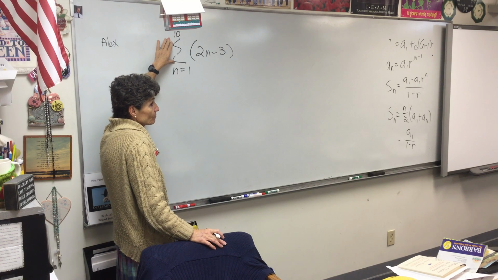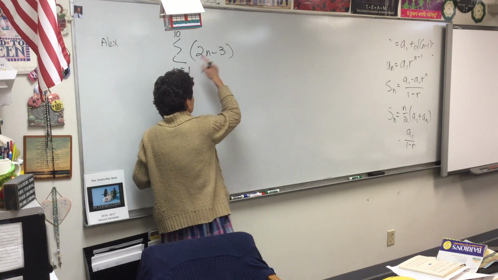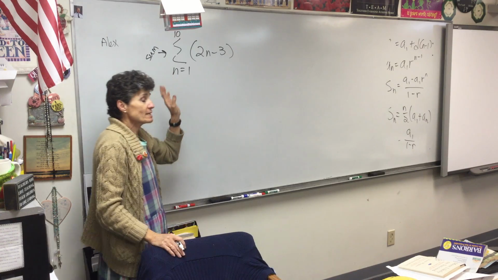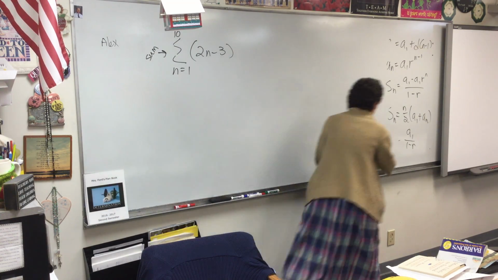Mallory? I saw it in Algebra 2 Semester 2 Summer School online. Do you remember what it meant? It means the sum. Sigma means sum. So every time you see a sigma, you're going to be using one of your sum formulas.